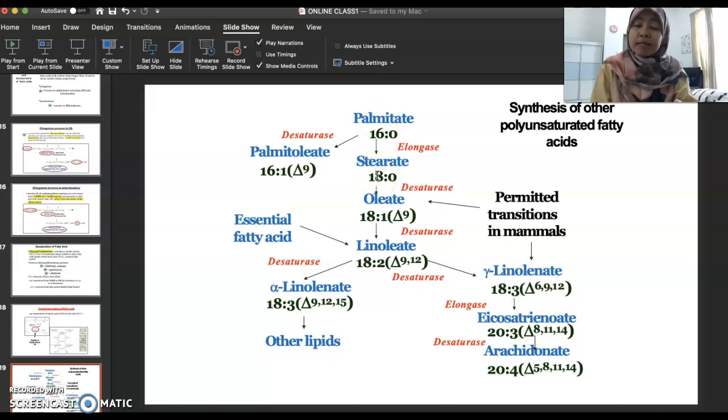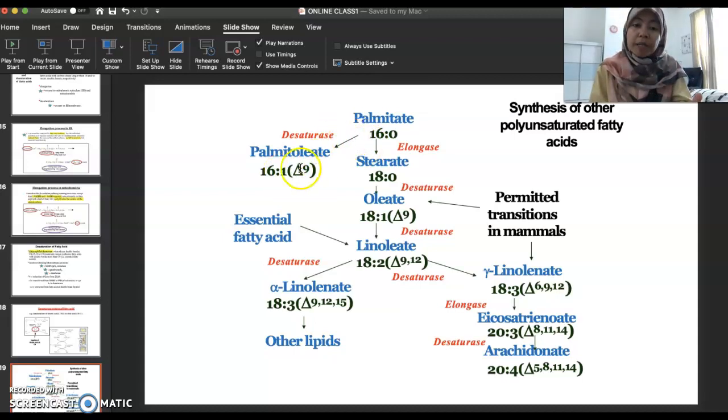What about the desaturation process? Maybe you can take one example here, palmitate changing to palmitoleate. How? This kind of enzyme, this desaturase, will catalyze this kind of reaction, which inserts one double bond here.